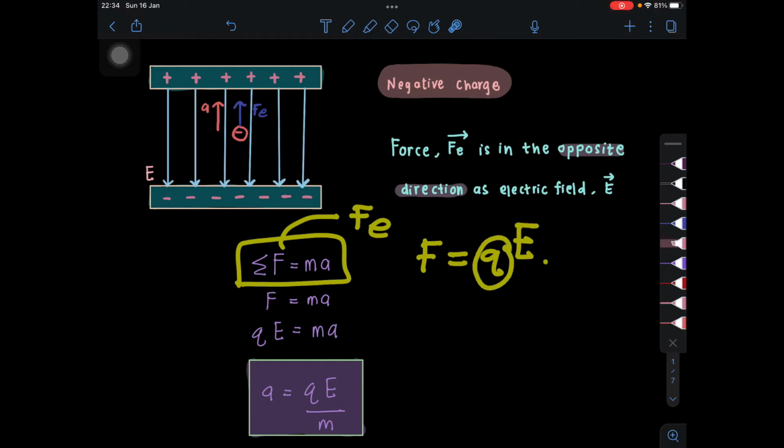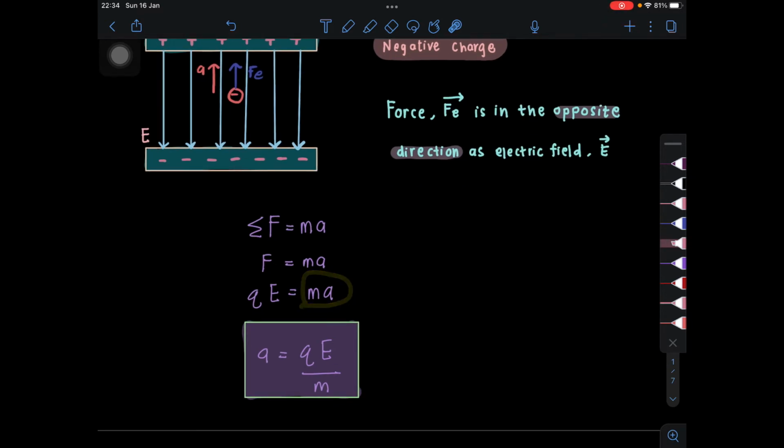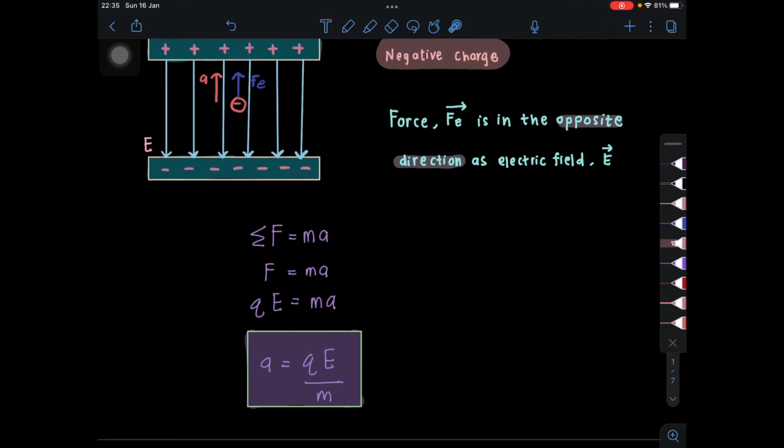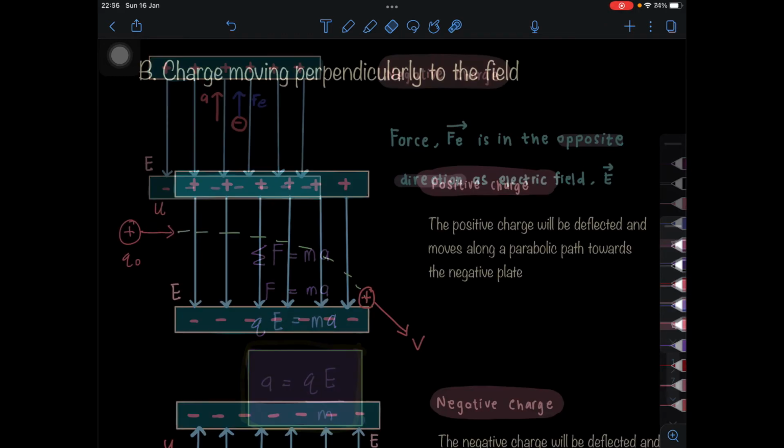The charge here is the test charge. So when we substitute this, QE will be equal to ma. Then we rearrange the formula, and we get a, the acceleration, is equal to Q times E divided by m, where m is the mass. This will be the equation that we use for the case of a stationary charge.